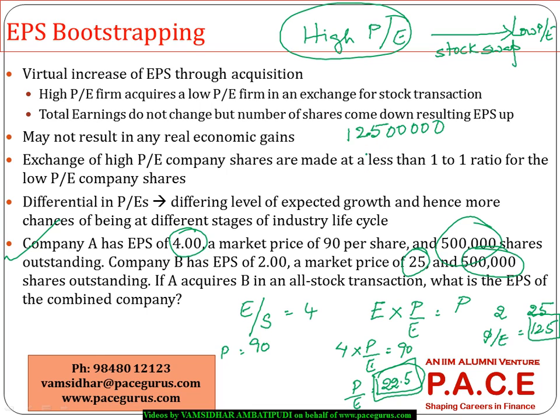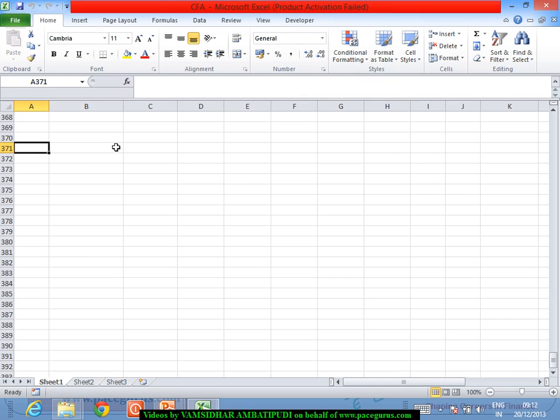If I am giving the shares of A for that, I can give 12.5 million divided by 90 number of shares. So the number of shares of A that are typically given for taking all the shares of B are 138,888.